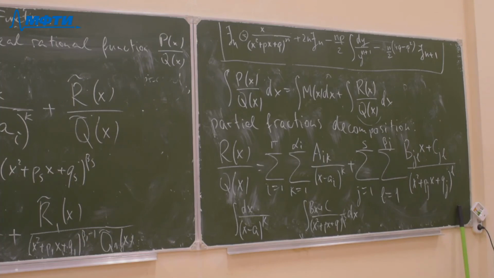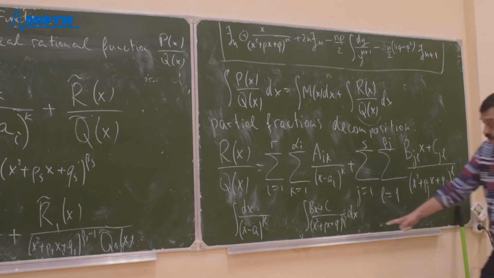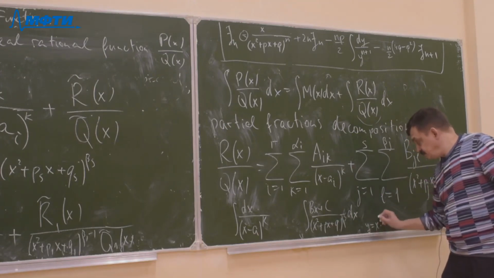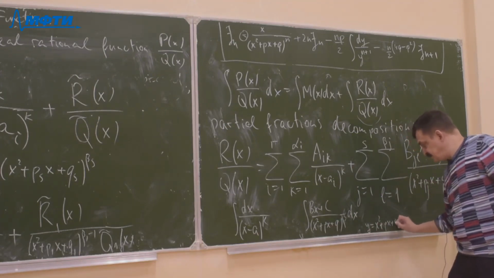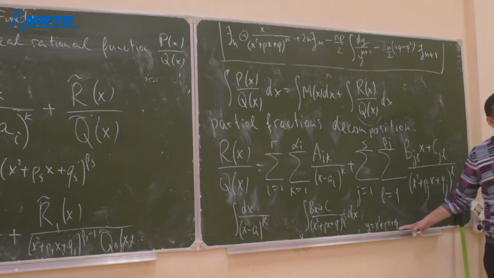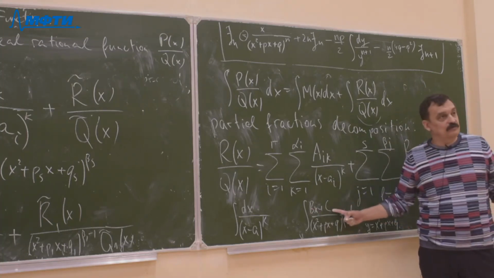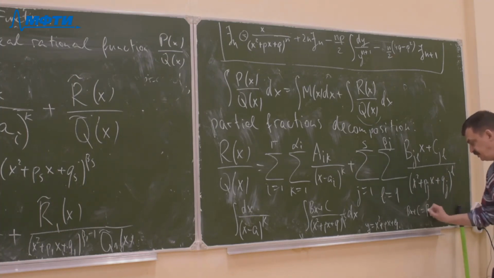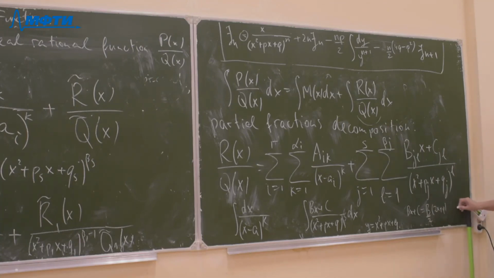That can be computed in a similar manner to the example, right? So we try to make a substitution, y equals x squared plus px plus q, right? We represent the numerator as bx plus c equals b over 2 times 2x plus p plus what remains.